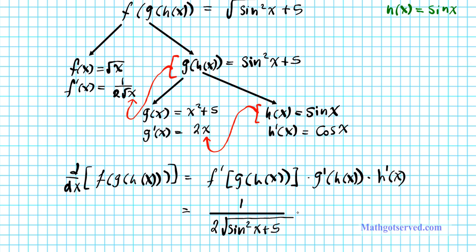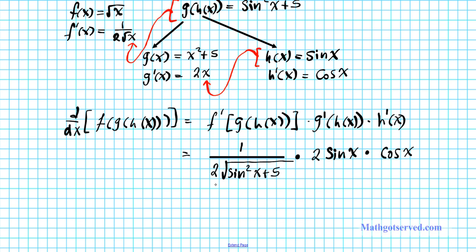That's the first piece. And then the next piece, g prime of h of x, is the derivative of the middle function evaluated at the innermost function. So instead of 2x, we're going to have 2 times sine x. And then the derivative of the innermost function is simply cosine x. Since it is not a composite function, we are not plugging anything into it. So that's basically your derivative.